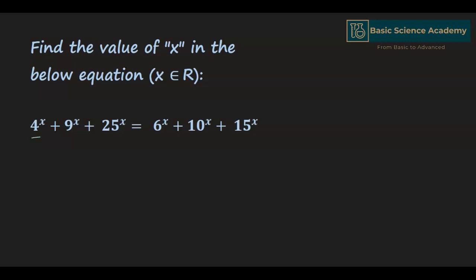So on the left side, we have 4, 9 and 25, which are perfect squares. We can write 4 as 2 square, 9 as 3 square and 25 as 5 square. Also, we can write 6 as 2 multiplied by 3, 10 as 2 multiplied by 5 and 15 as 3 multiplied by 5.